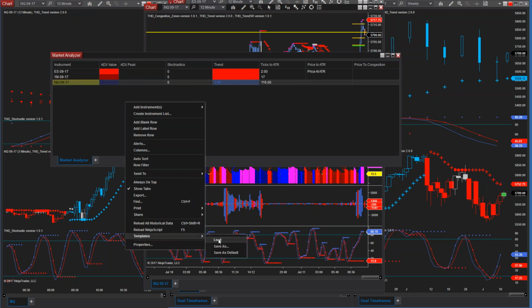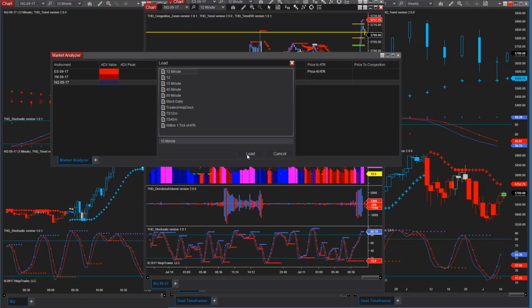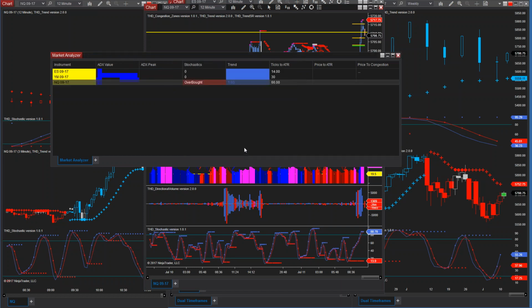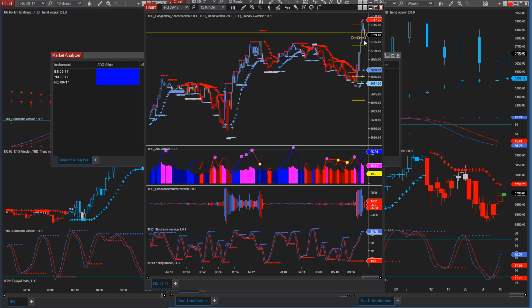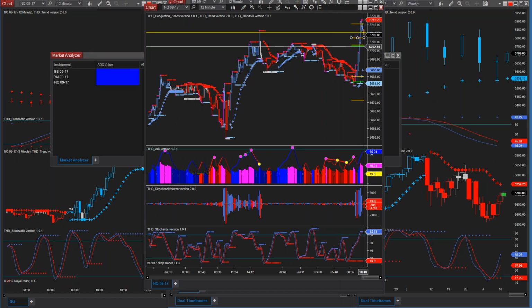For example, right now, if I load the 12-minute, you might see it there. You can see that the NASDAQ is overextended on the stochastics, and then your magenta peak will come in here at the close of the bar more than likely, which is at 11 o'clock, which is 5 minutes.